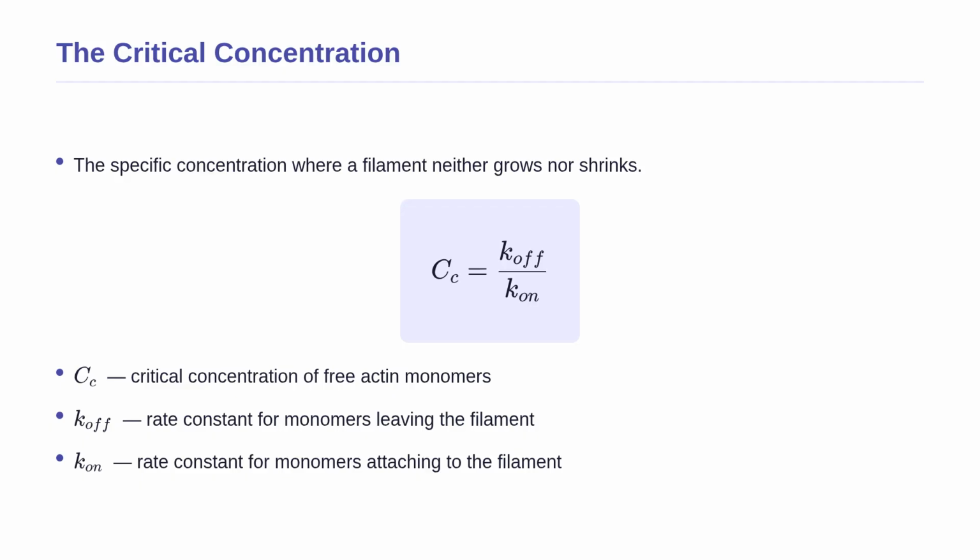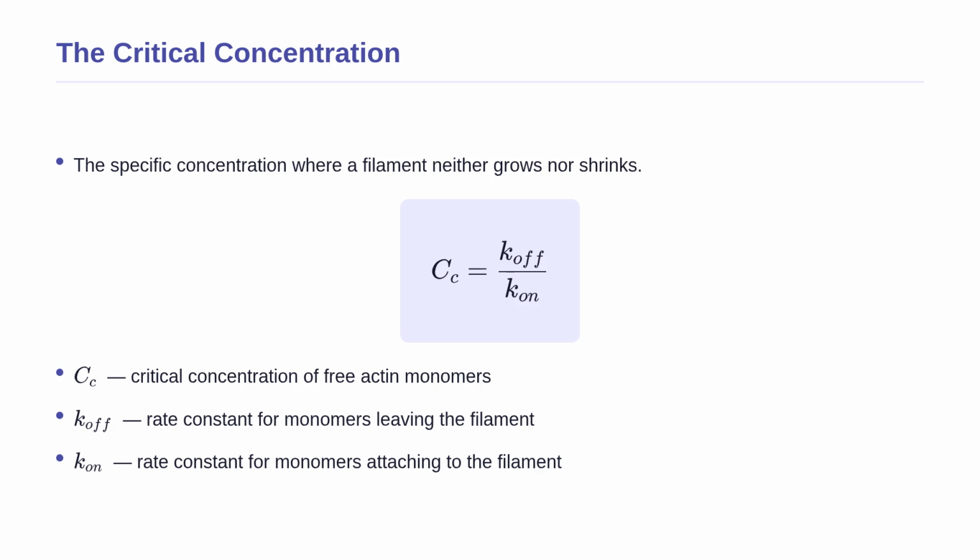Since these filaments are constantly growing and shrinking, we need a way to understand this balance mathematically. This brings us to the concept of critical concentration. Conceptually, there is a specific point where the filament is perfectly stable. The rate of new pieces attaching perfectly balances the rate of pieces falling off.